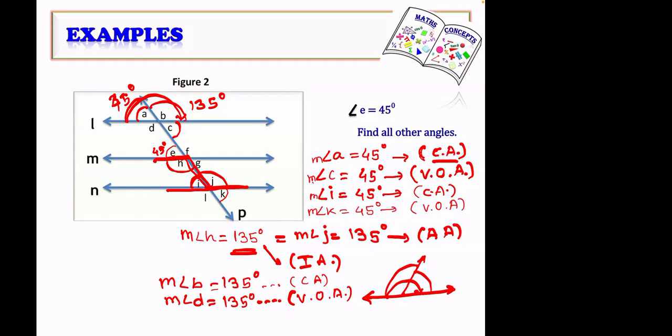F and what? L. F and L. Ayush? Yes, ma'am. Can you repeat? Yes, tell me the measures of angles F and L. Which ones are remaining? F and L only, right? Just tell me the measures of these angles.